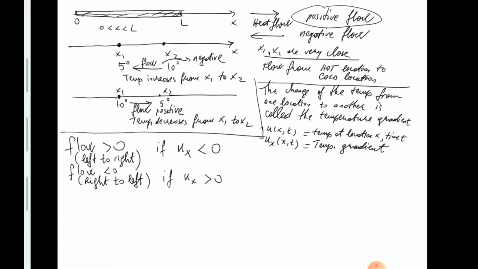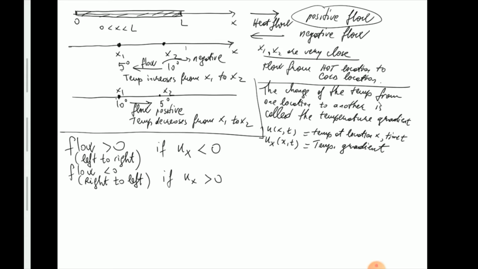Because we lay this object along the x-axis, the positive is the movement to the right-hand side. So when we say the temperature increases, it is because as x1 changes to x2, I mean to a nearby point on the right, the temperature increases because the numbers increase to the right-hand side on the x-axis. So in that case, of course, the flow is negative.